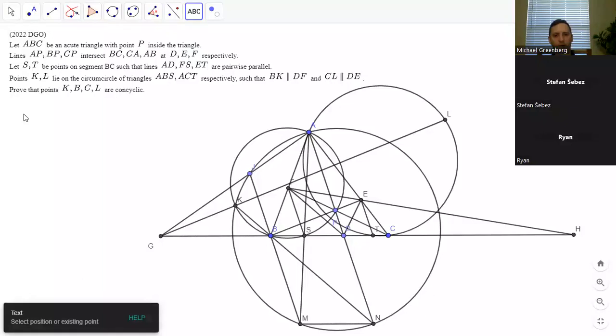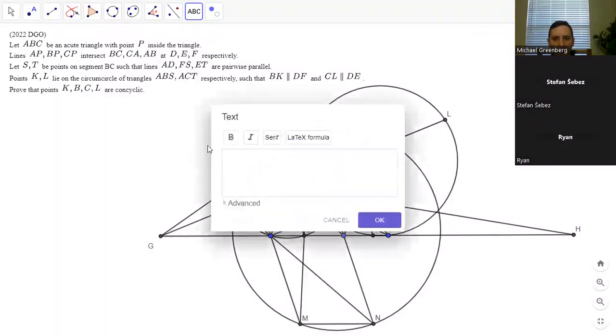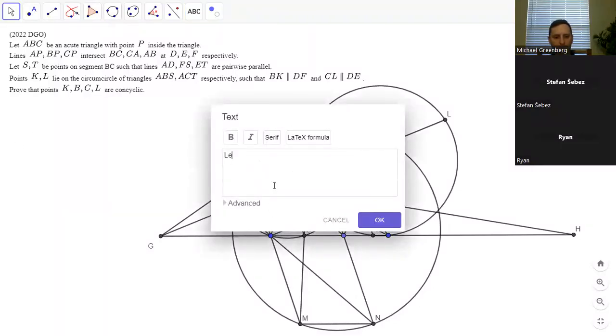Okay, so I'm going to write what we have so far. So let J be the reflection of B over the perpendicular bisector of CD. Yeah, let's check that we didn't make any mistakes.